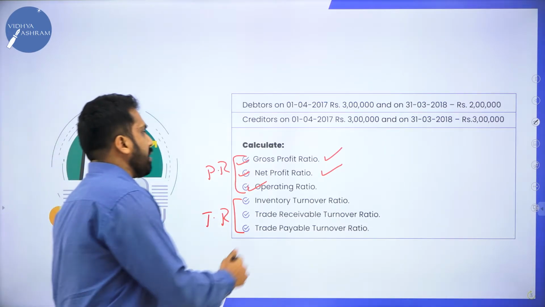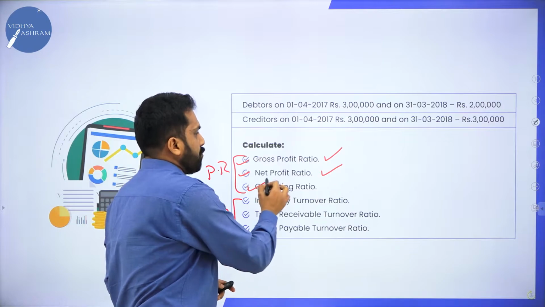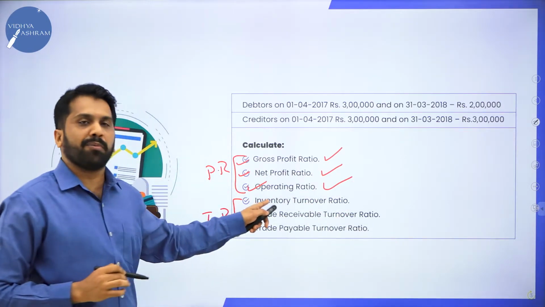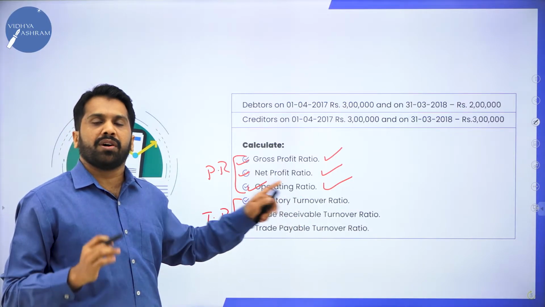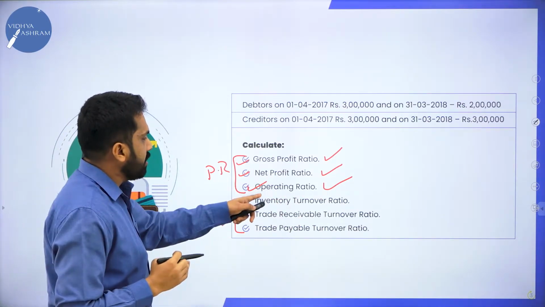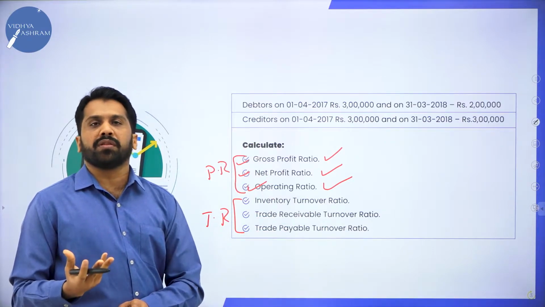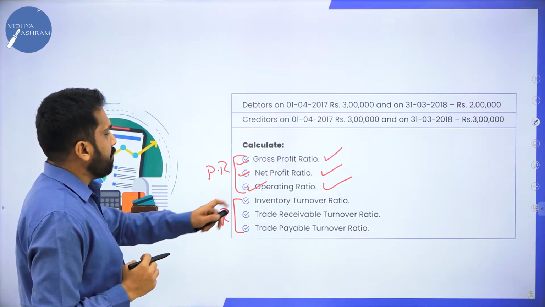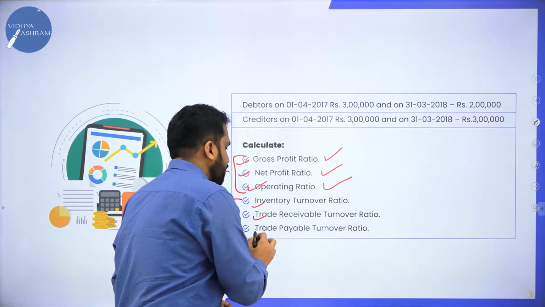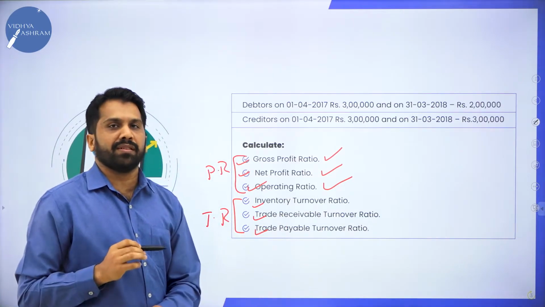Now, we completed gross profit, we completed net profit, we also completed operating ratio. Operating ratio is a little bigger one. Other than this, everything is small. Now we'll go for inventory turnover, trade receivable and trade payable.